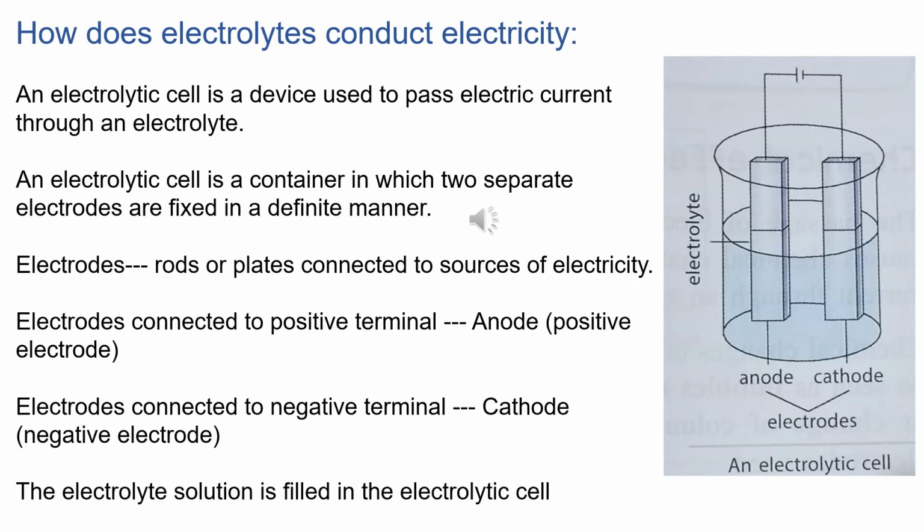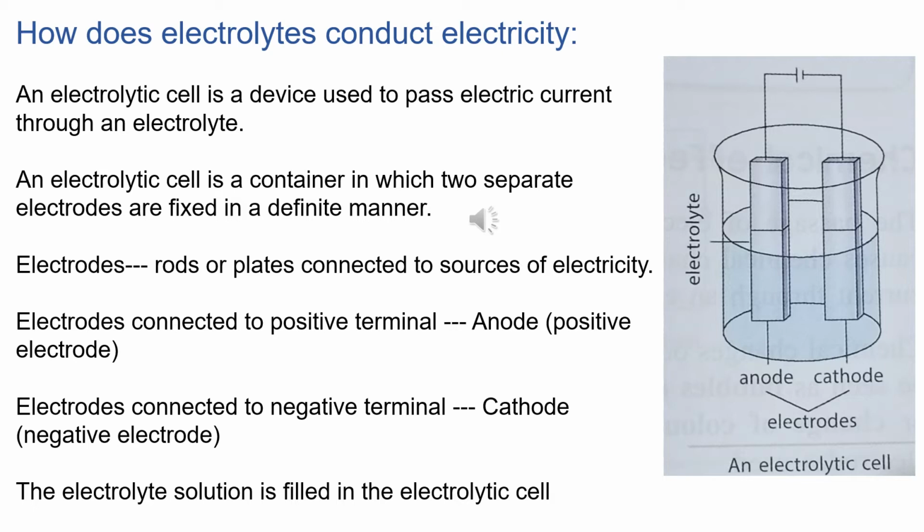See children, in the diagram you can see two rods or plates connected to the plus and minus symbols. These rods are called electrodes. An electrode is a rod or plate connected to the power supply, and these electrodes are dipped inside the electrolytic solution.